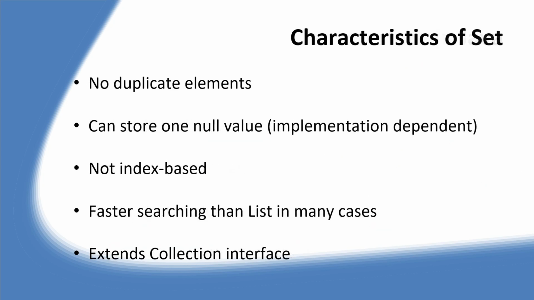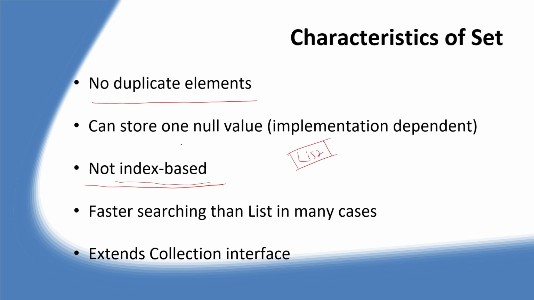So what are the characteristics of set? The Set interface has several important characteristics. It does not allow duplicate elements, and it is not index based. As the List interface is index based and supports index based operations, whereas Set does not support index based operations.